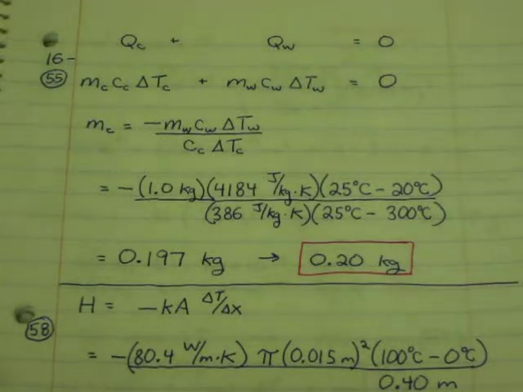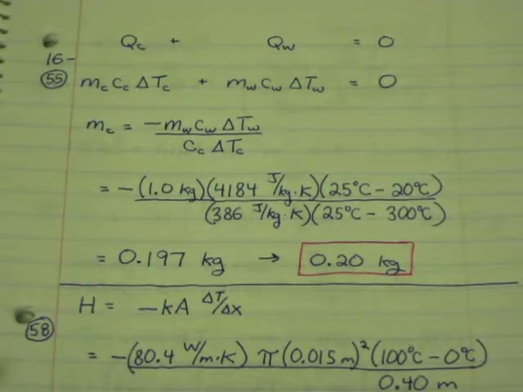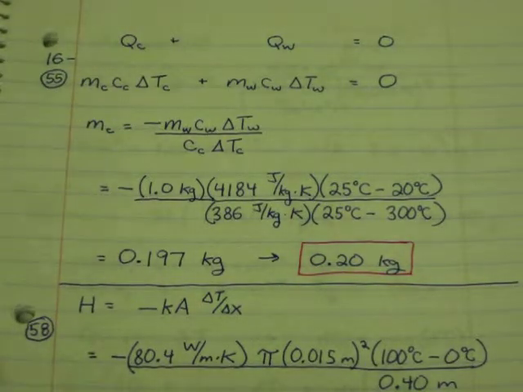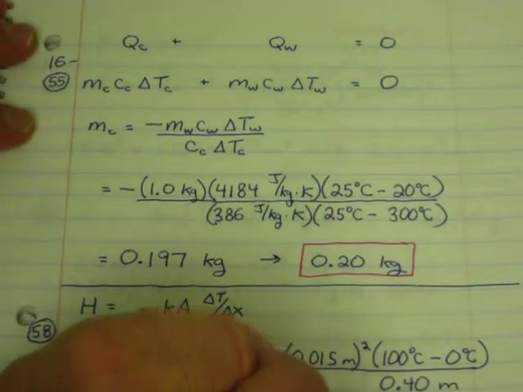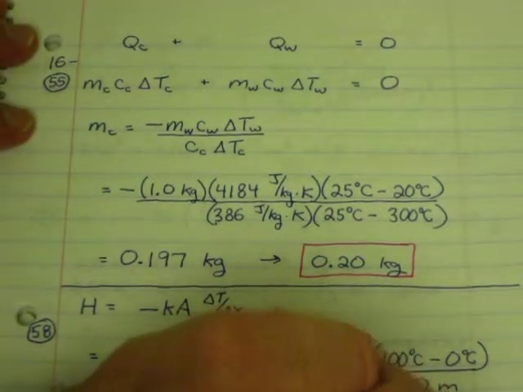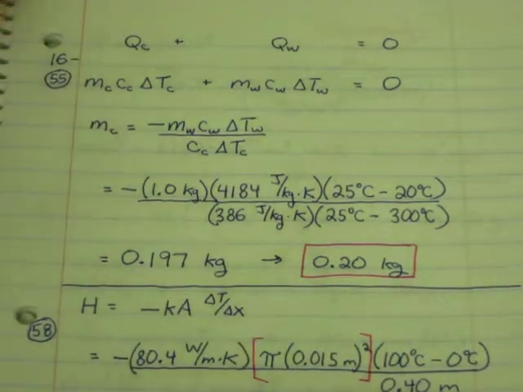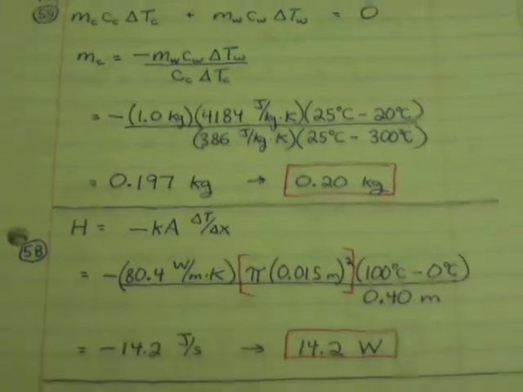So with 58, we're given that the rod has a diameter of 3 centimeters. That means a radius of 1.5 centimeters. So the area is going to be pi times the radius squared, so pi times 0.015 meters squared.